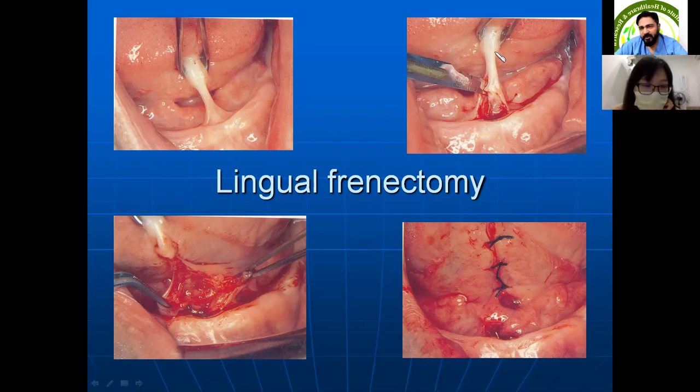Then the upper portion is sutured back, and this one is removed. Now you can see here the release of the tongue. Then the patient will have to do tongue movements in some days.